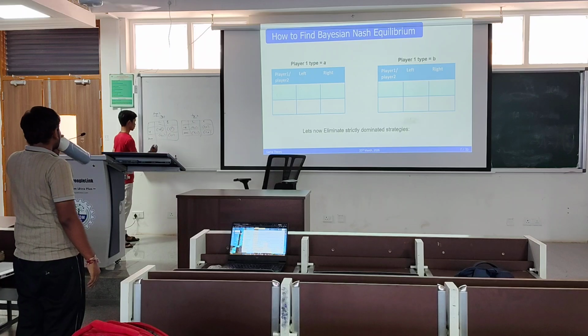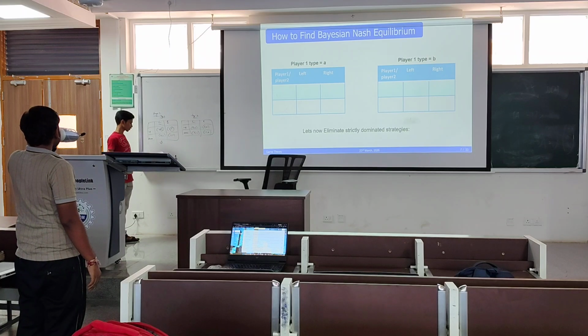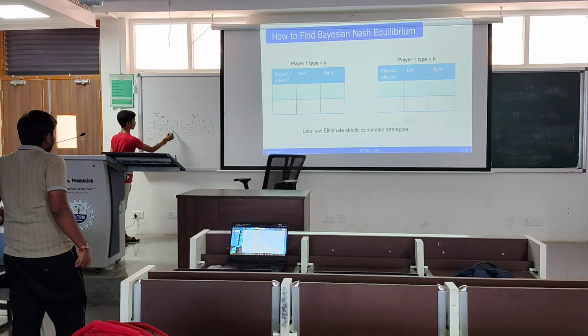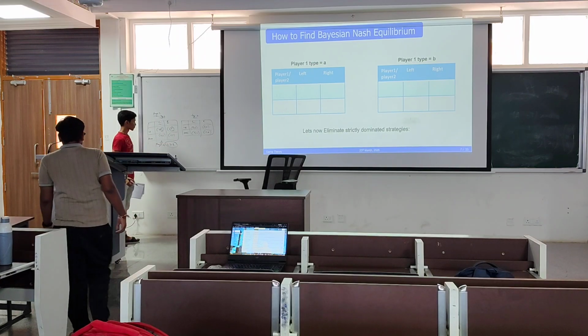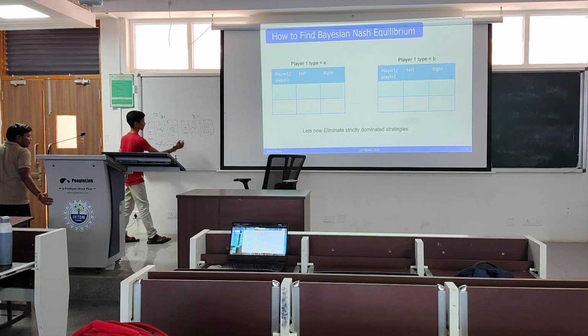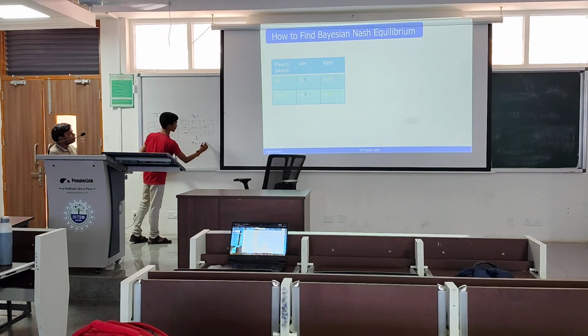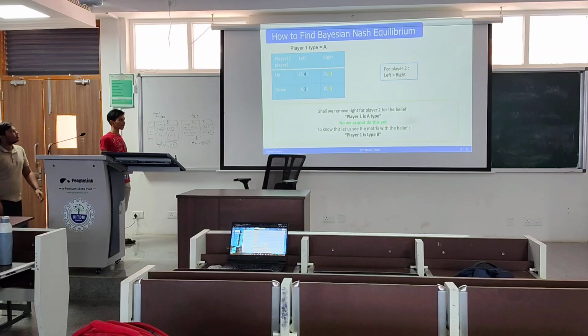for example, in the first case, for player 1, left dominates right. And in the second, for the other type, right dominates left.